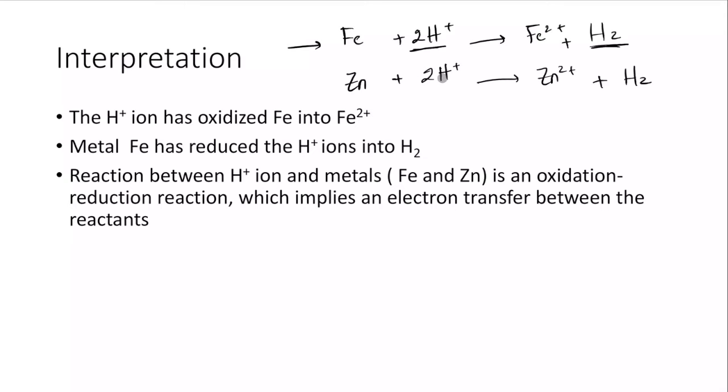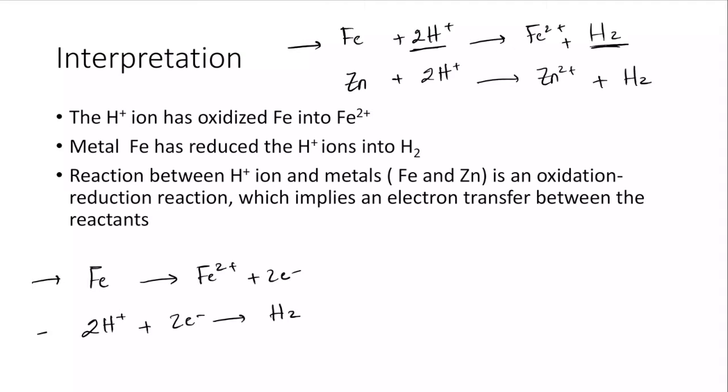Let's talk about this example, the example of iron, and let's talk about the half reactions occurring inside the solution. So Fe is becoming Fe2 plus plus 2 electrons, and here we have 2H plus plus 2 electrons becoming H2.